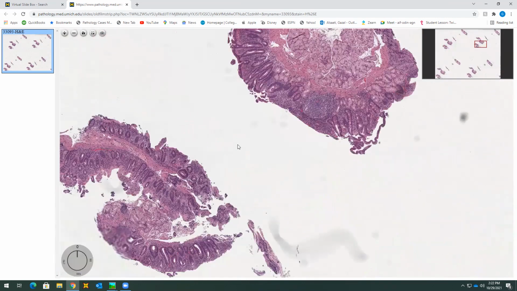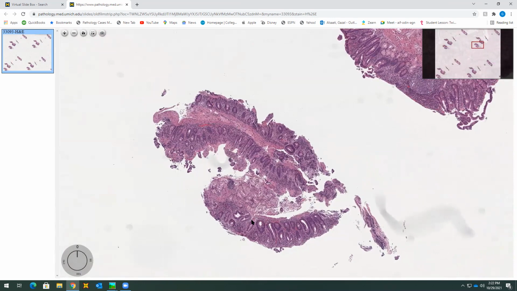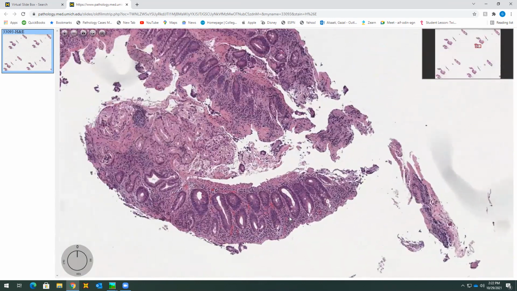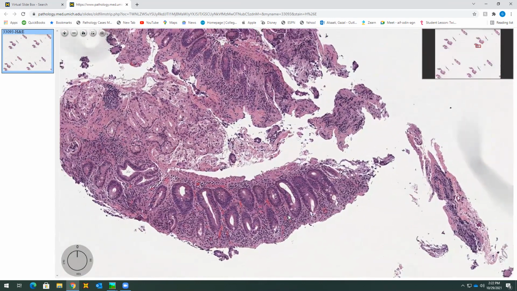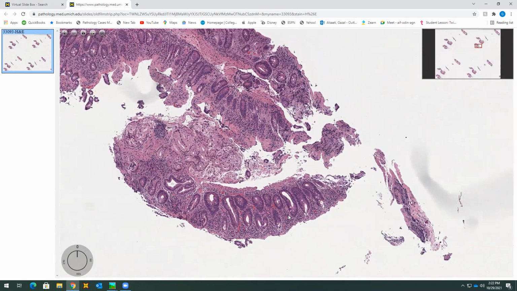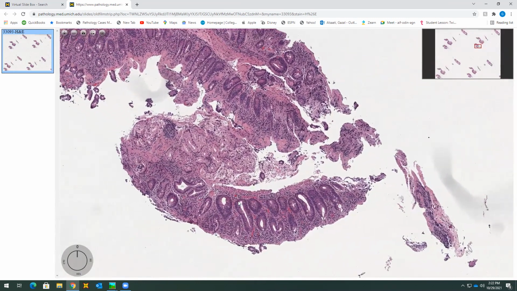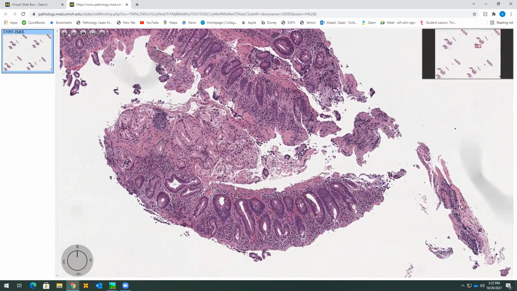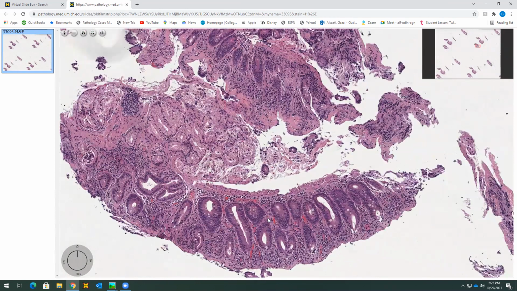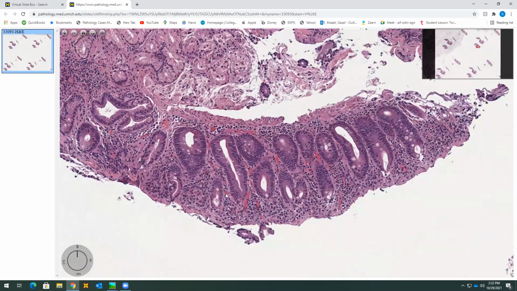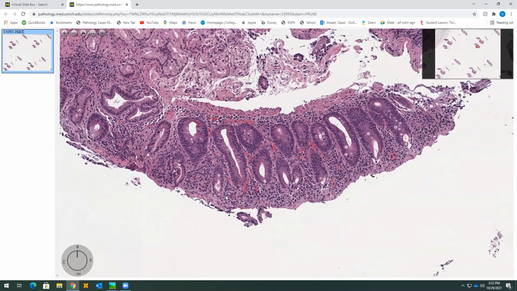How do I handle these cases? First thing I do is look at the age of the patient and the symptoms, whether the patient has diarrhea, or if the patient already has a diagnosis of celiac disease. So this one I'll call duodenal type mucosa, because I have Brunner's gland with marked intraepithelial lymphocytes and complete villus blunting.